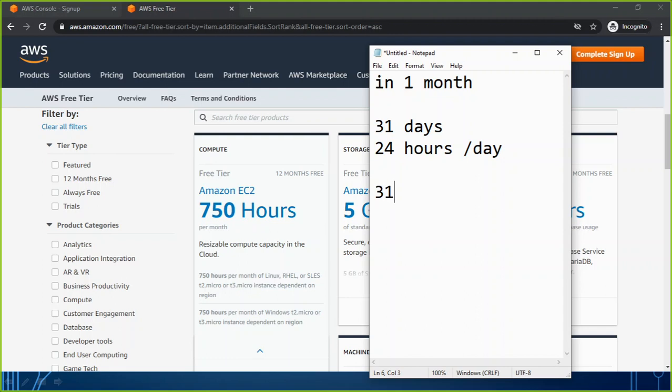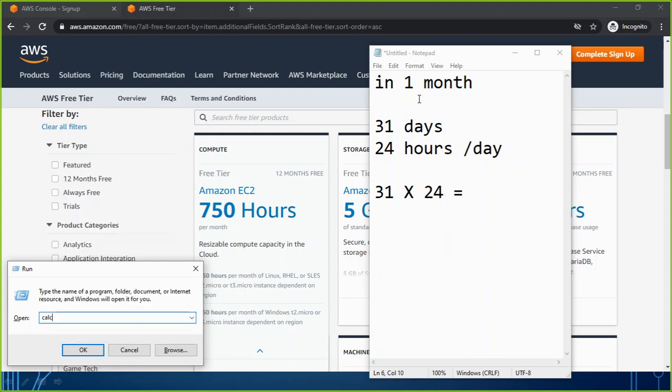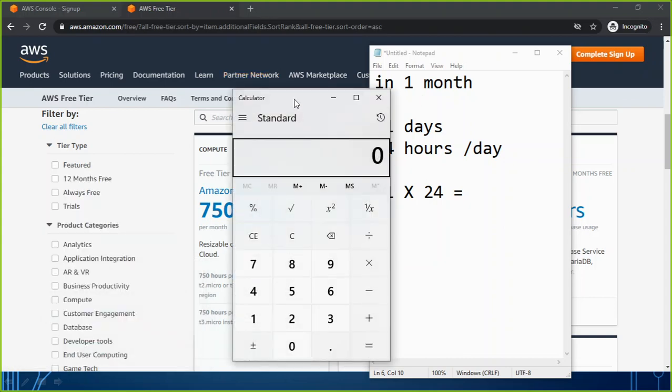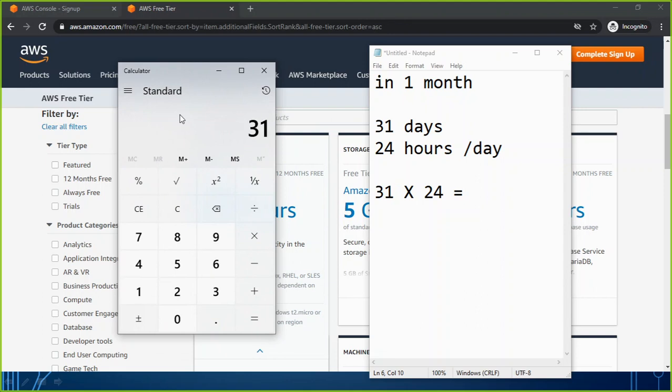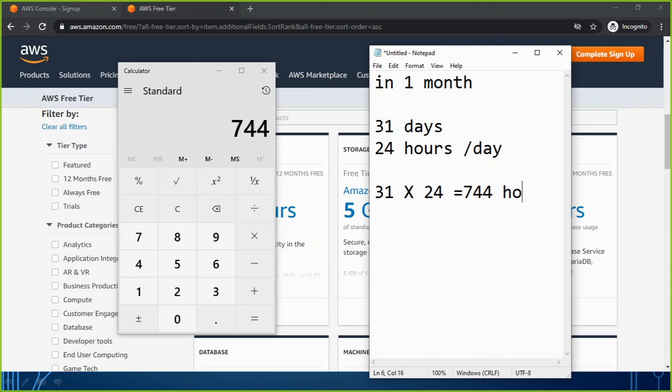You are simply going to calculate 31 multiplied by 24. That is going to be the total hours, right? If you calculate it, how much value do you get? Let me show you from here itself. So we have 31 multiplied by 24. That is going to be approximately 744 hours. That's the maximum hours we can have in a month, right?